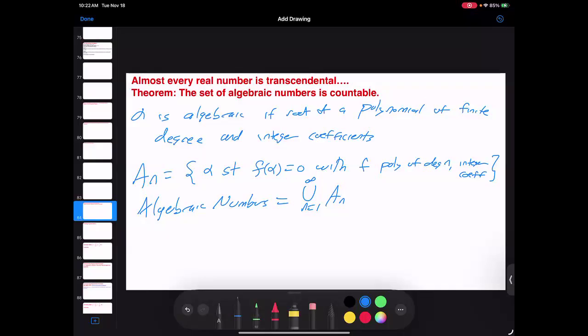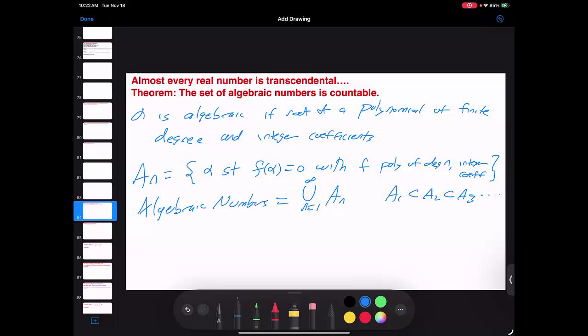So you give me anything in A1, and I can bump it up to something in A2 by just multiplying by x. So in fact, the way we've defined things, A1 is contained in A2, which is contained in A3. What you could do is say, maybe I want my polynomial to be irreducible, that it can't factor. Maybe put in some kind of constraint like that. We'll just look at it like this.